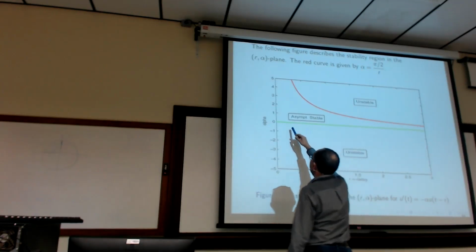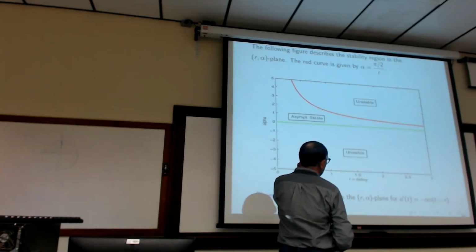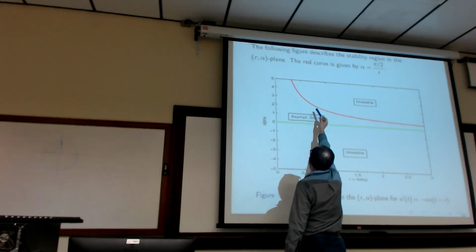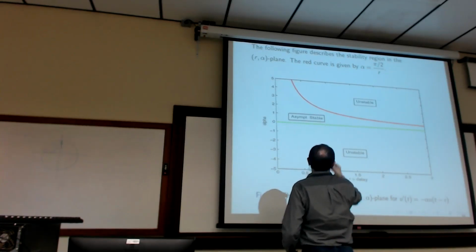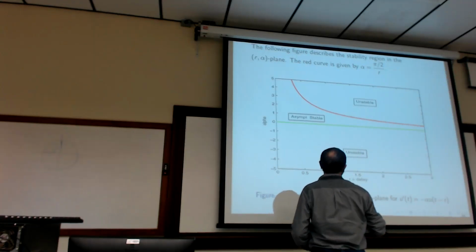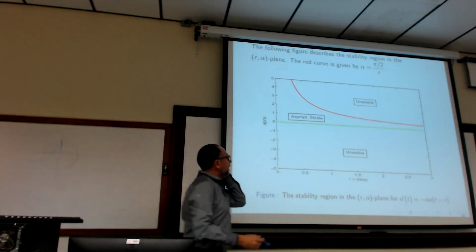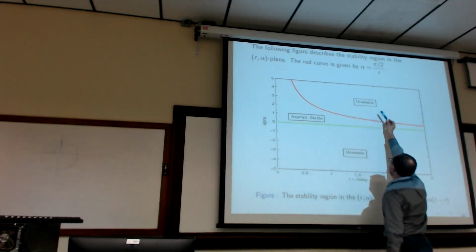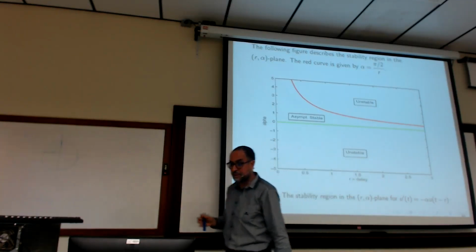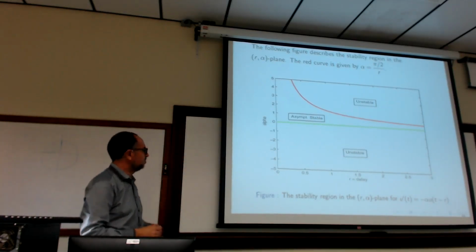If alpha is negative, 0 is unstable. If you are between 0 and this curve, you have local asymptotic stability, and if you are here, 0 is unstable. And this part, it's periodic solutions. All this part. This part is not periodic solution. It can be, I don't know, explosion, something complicated.